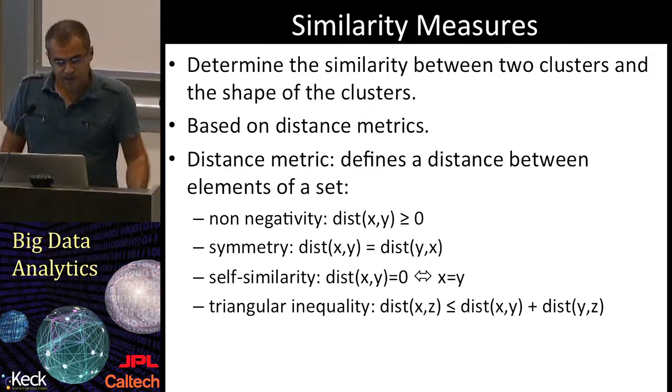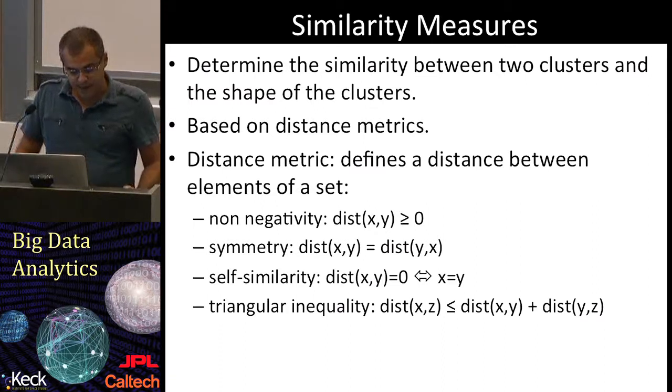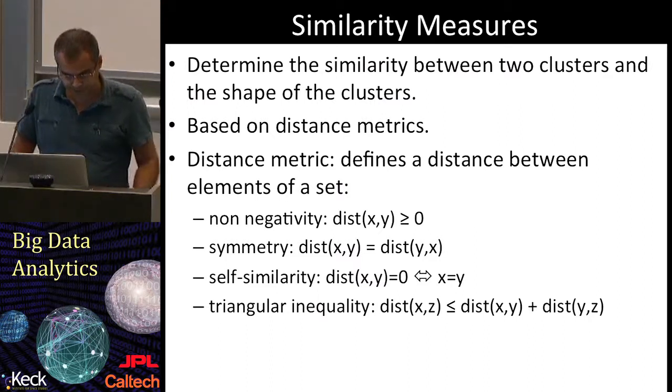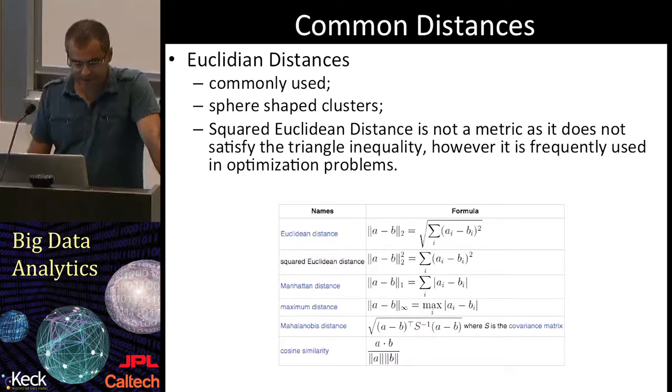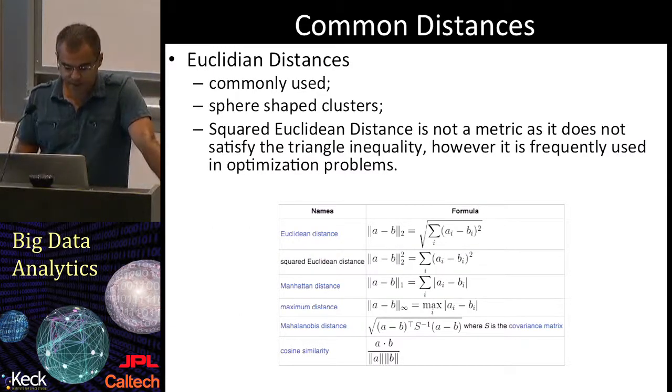Now, we talked about similarity, and in general, similarity measures are functions that quantify the similarity between two objects, and they are based on distance metrics. Now, let's see some distance measures and when we should use them.